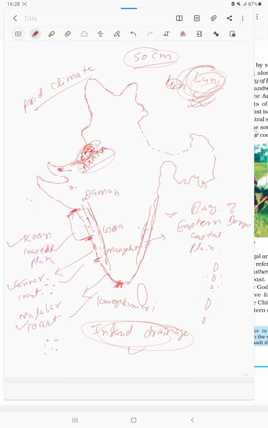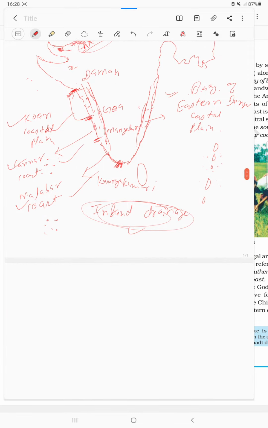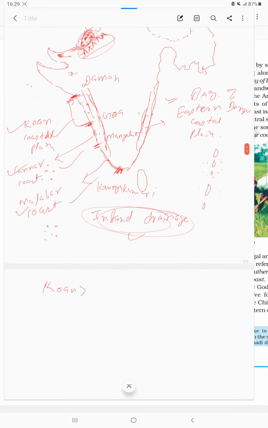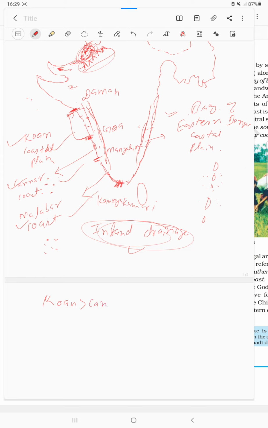So remember this in order, from north to south. Sometimes a question is asked to arrange in order from north to south: Konkan, Kannad, and then Malabar. Clear?